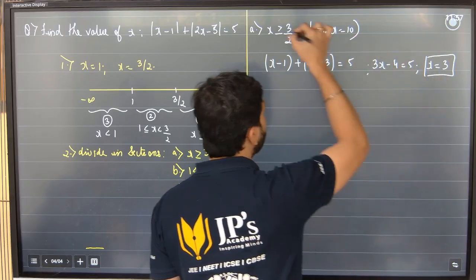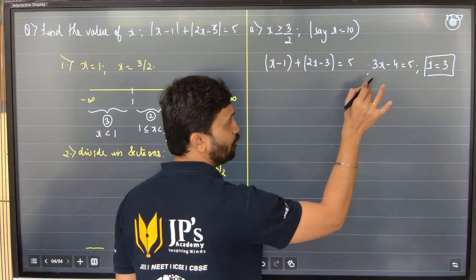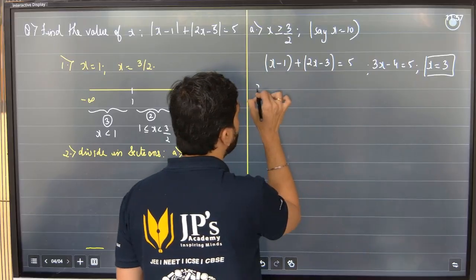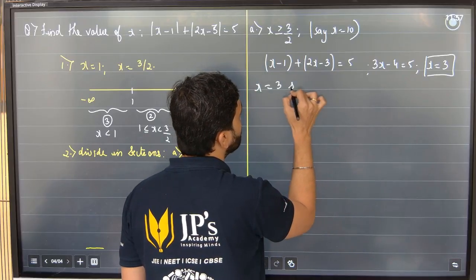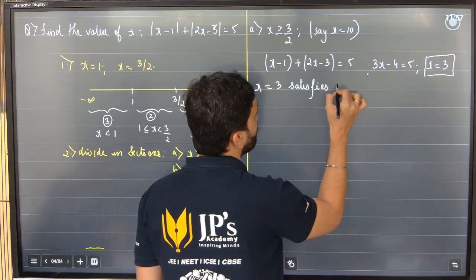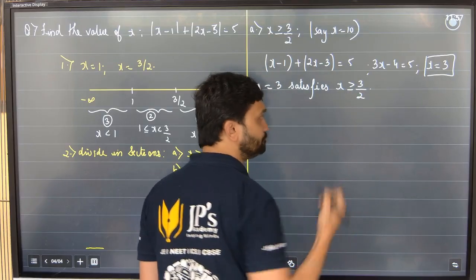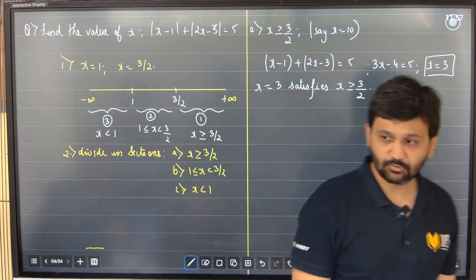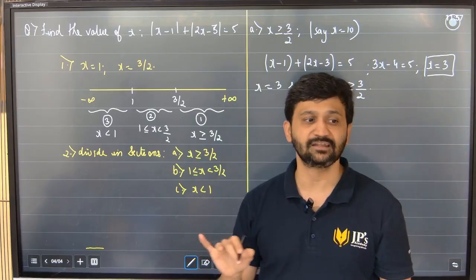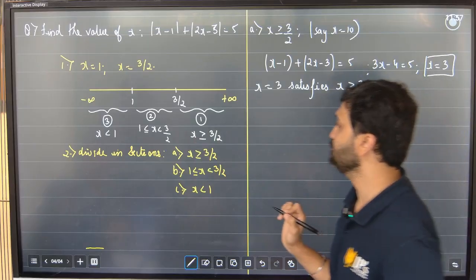Is this value greater than 3 by 2? Yes. Therefore, x equal to 3 satisfies x greater than or equal to 3 by 2. From the first part, A, I got one value of x.